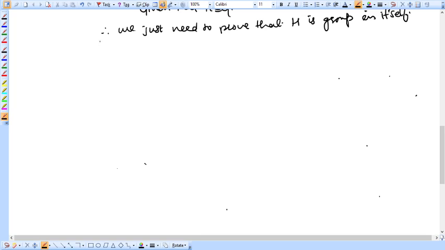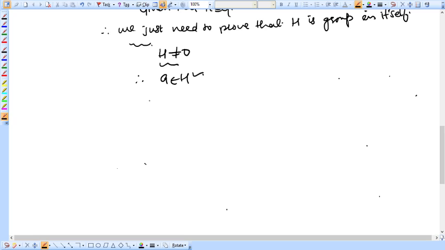So for existence of identity, you see how we are going to prove this. See, we know H is a non-empty subset, right? Therefore it does have at least one element, say it is A. So we know it satisfies existence of inverse by condition 2, which we have already assumed.